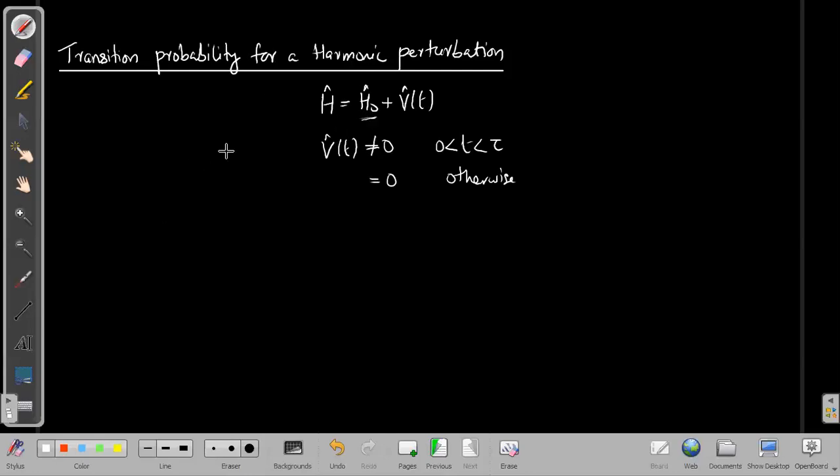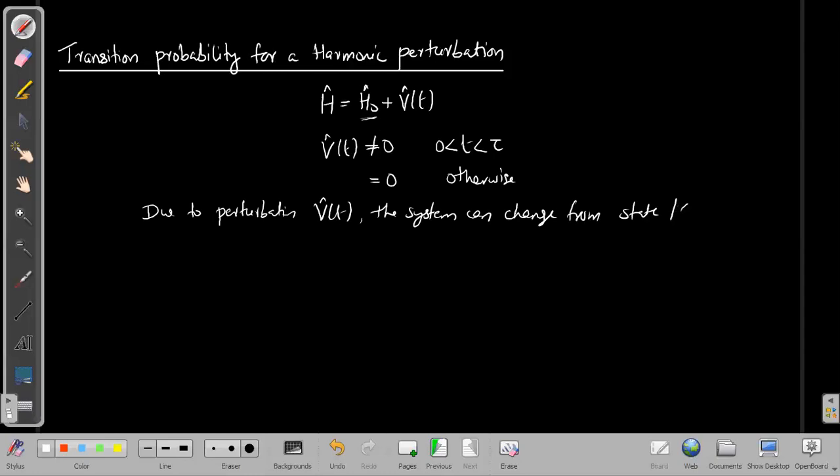Due to the perturbation V of t, the system can change from some initial state psi i to the final state psi f.